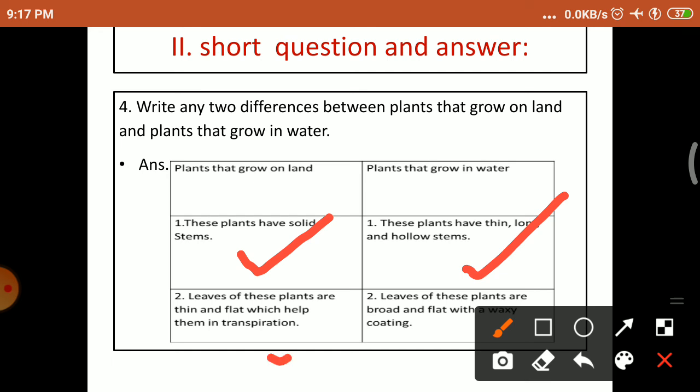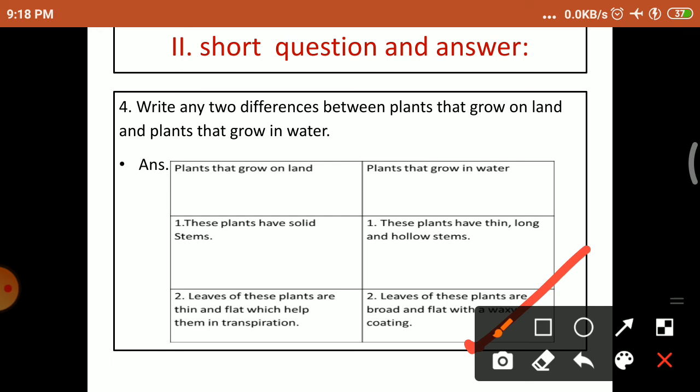Leaves of land plants are thin and flat, which helps them in the transpiration process. Leaves of the plant are broad and flat with a waxy coating.